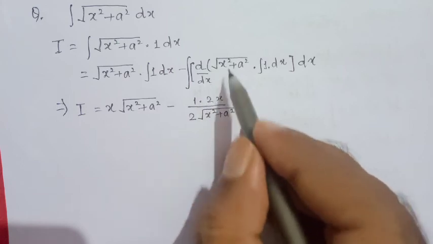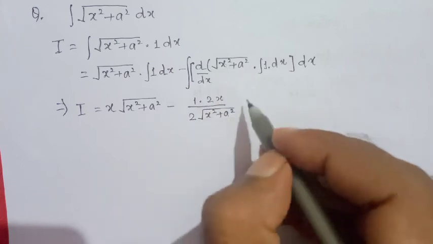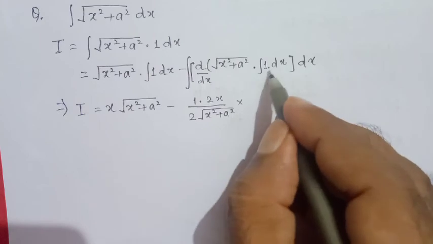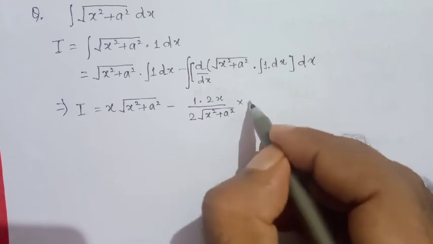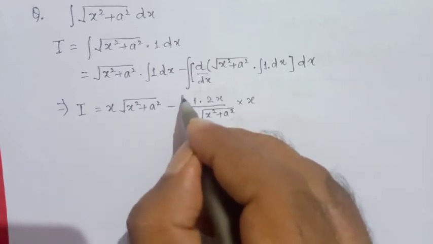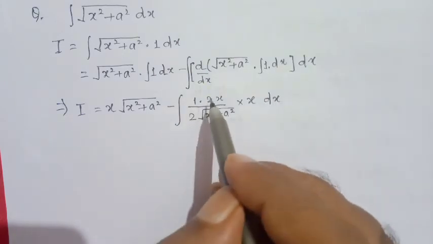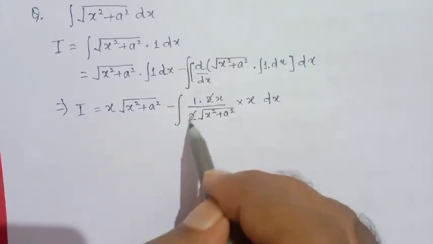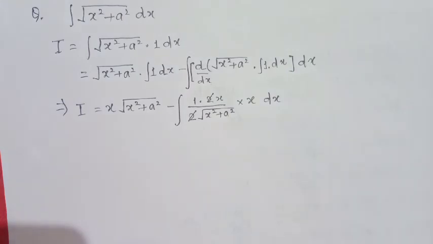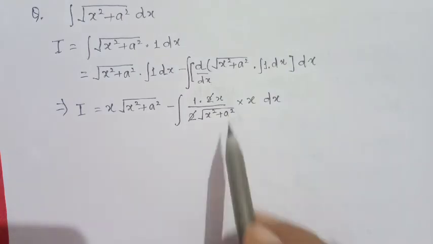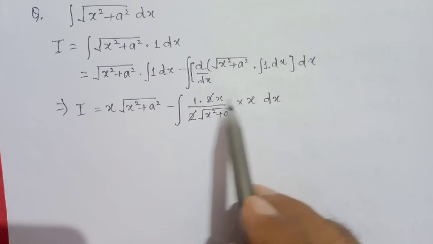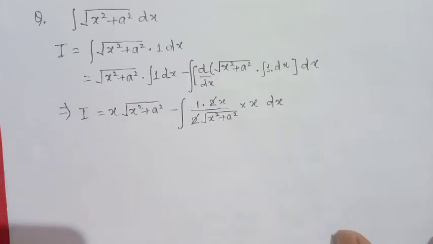So this is differentiation of u into integration of v. Integration of v is x and its whole integration. Here you will see that 2 and 2 should be cancelled, and numerator becomes x into x, that is x square.